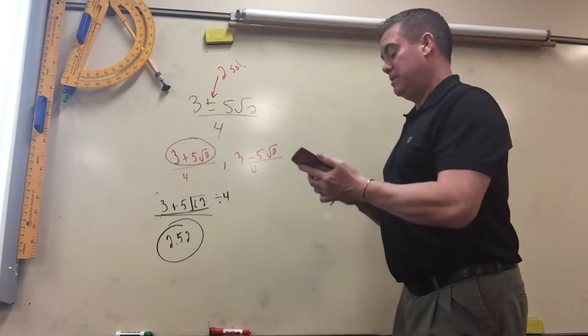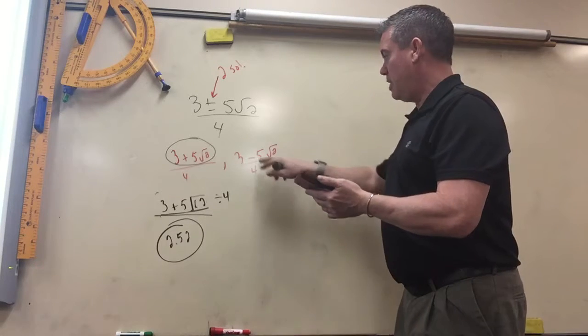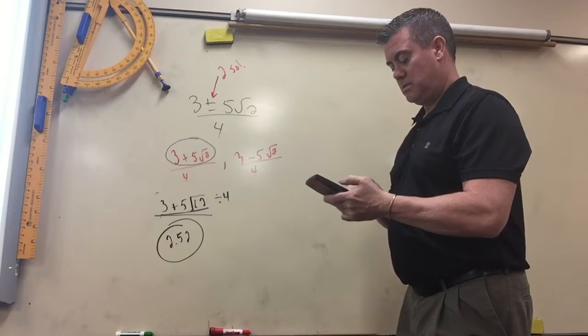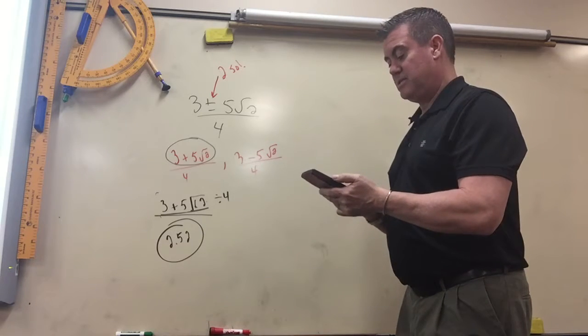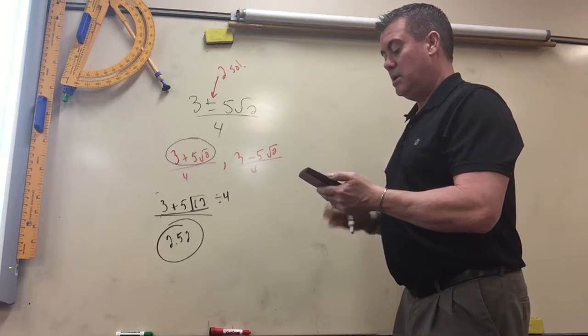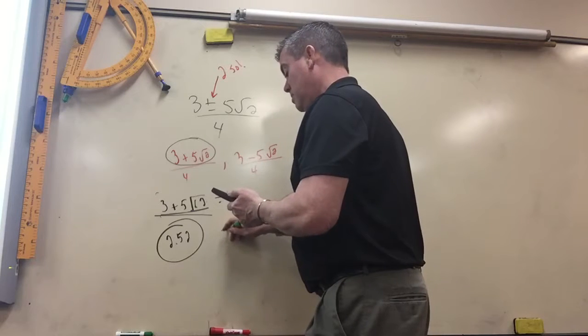Then we got to do this one. 3 take away 5 times the square root of 2. Again, press equals and then divide by 4. Negative 1.0177.